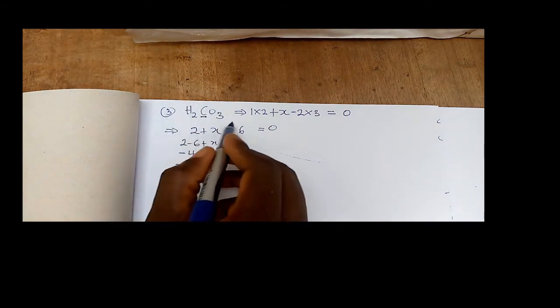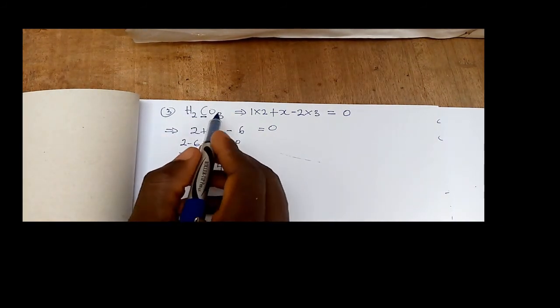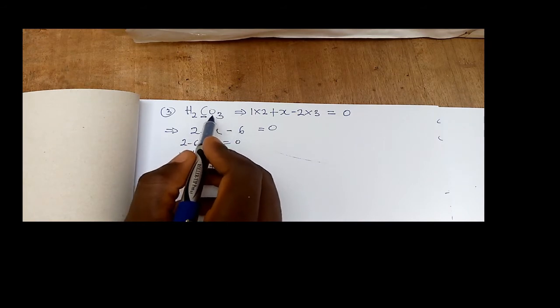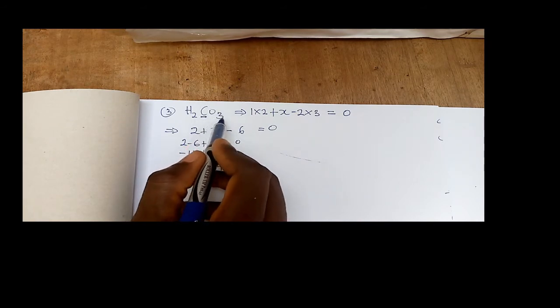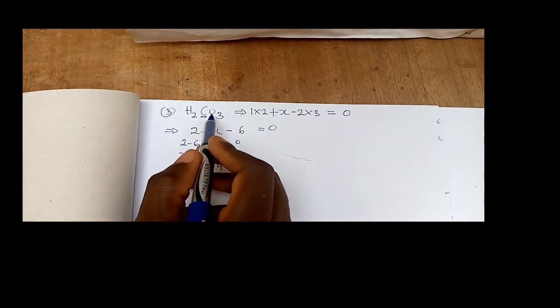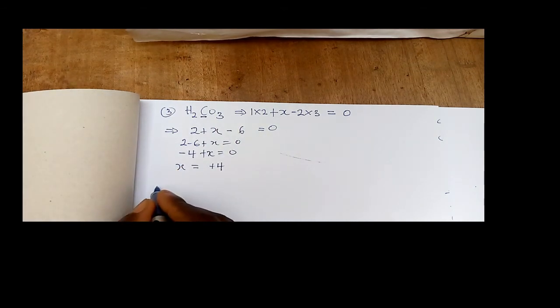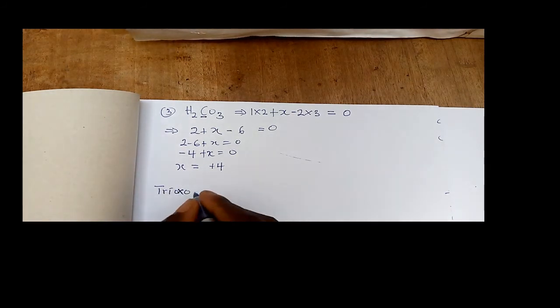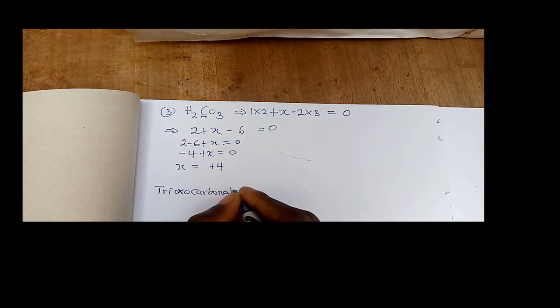Because it's an acid, and then the name of the compound, we start from first knowing the total number of oxygen atoms here. The total number of oxygen atoms here is 3, so we now call it trioxo. Trioxo means that the number of oxygen atoms is 3. So trioxocarbonate, and then carbonate what?